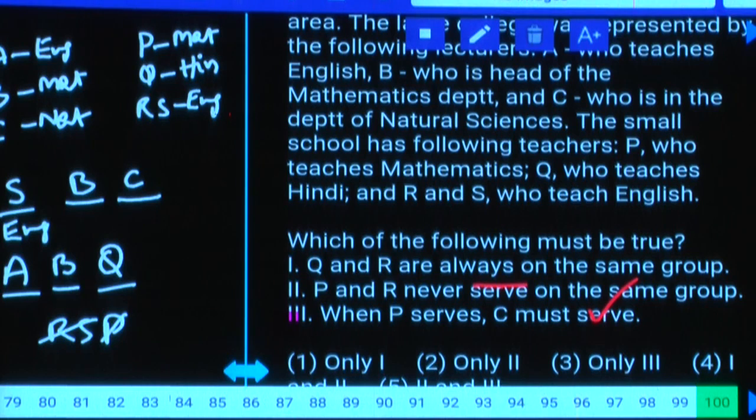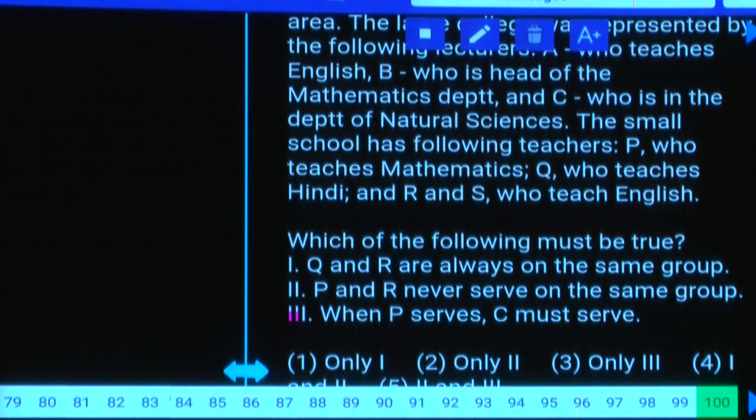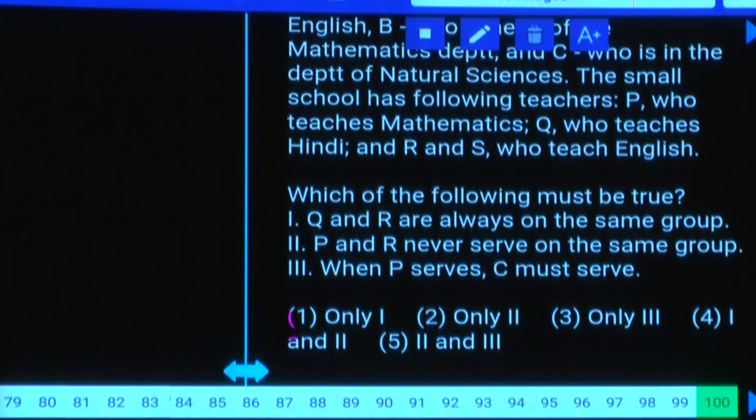Then question number 100. Tell me what is your answer here. Now which of the following must be true? Q and R always on the same group. Can Q and R be in the same group? No. Why can Q and R not be in the same group?